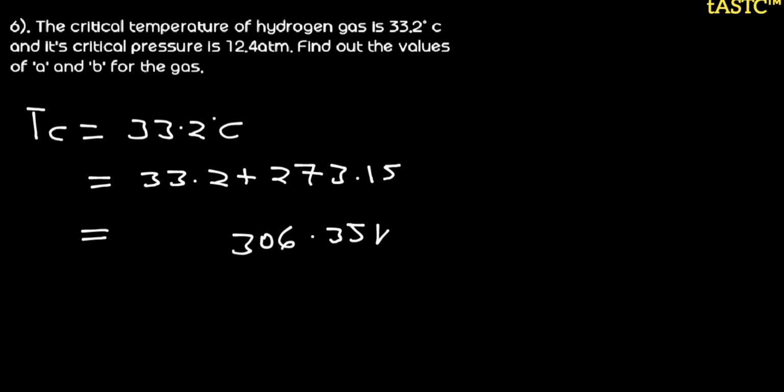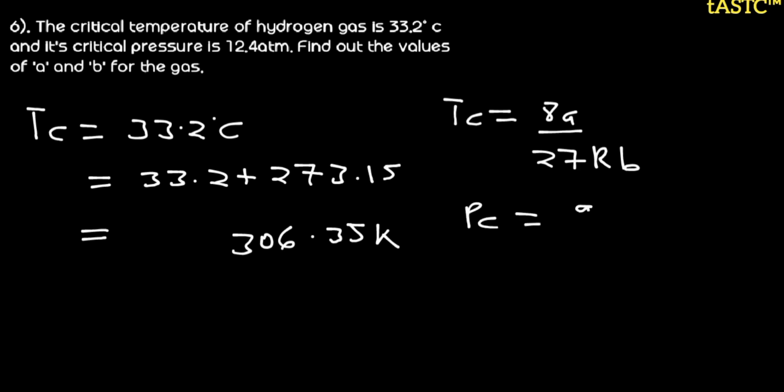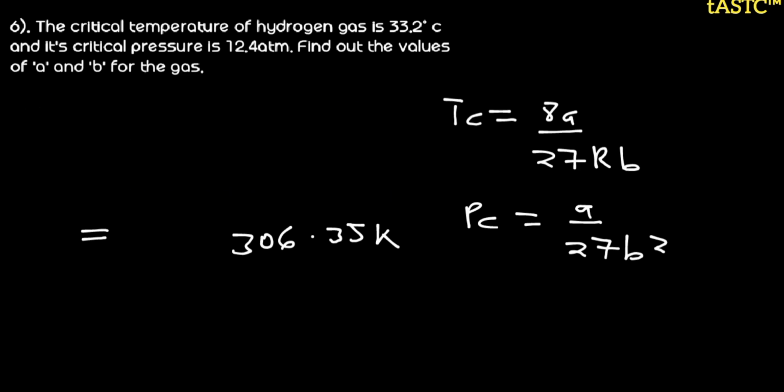So this is in Kelvin. Now we know that T sub C is equal to 8A divided by 27RB. Now P sub C is equal to A divided by 27B squared. So those are basically what we need to find out what the answers will be.